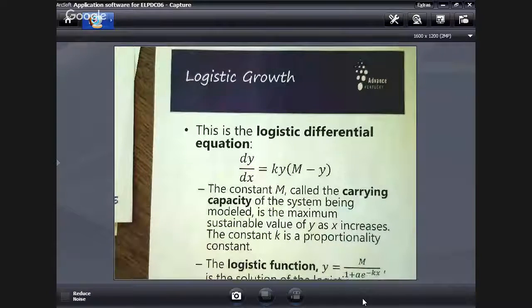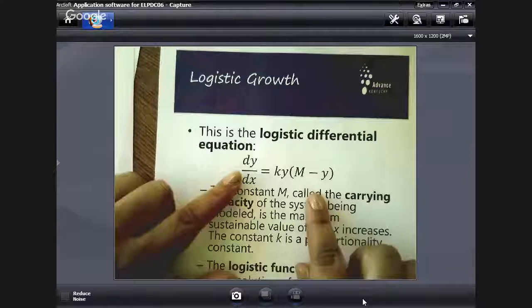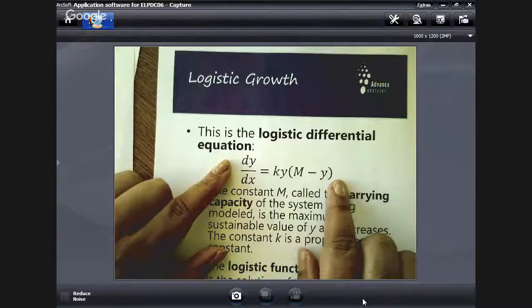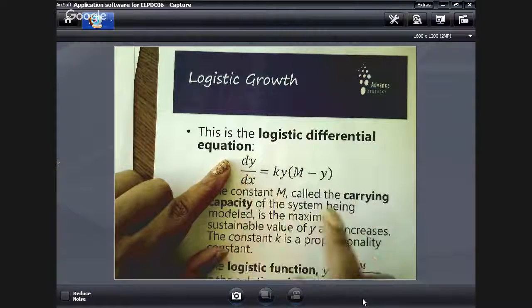This is the logistic differential equation, where k and m are constants and y is a function of x. So dy/dx is equal to ky times (m minus y). You may not necessarily see it in this form, but it can be written in this form.